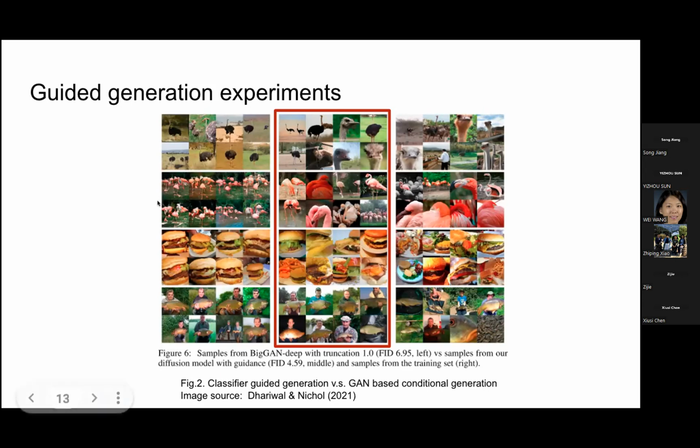Because we have this classifier, it makes us focus more on the part that can determine the image label. That's why I'm thinking the classifier guidance focuses more on such areas.